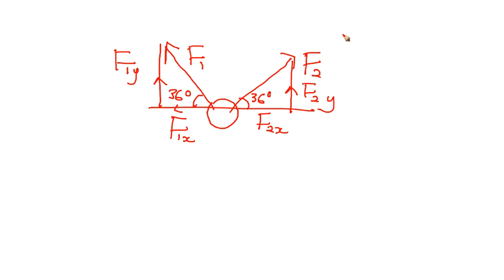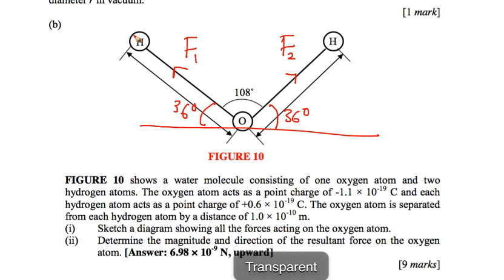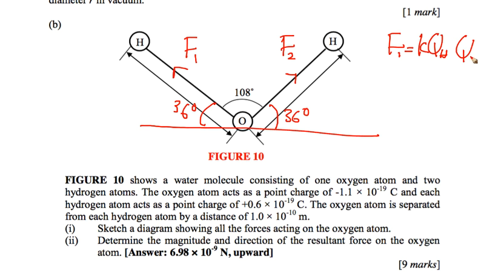Okay, so first you must calculate the magnitude of F1. F1 here is the force between the two charges. So F1 is equal to K times Q hydrogen times charge Q oxygen, and the distance here is 1 exponent minus 10 meter.